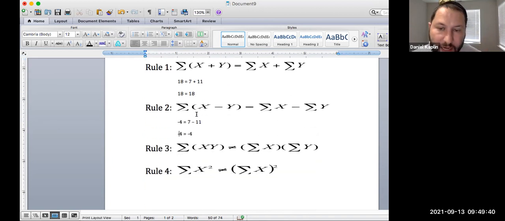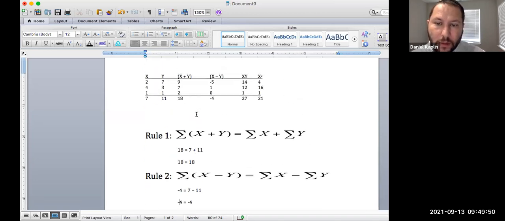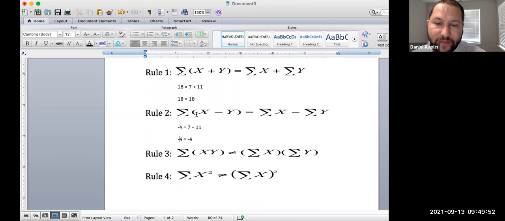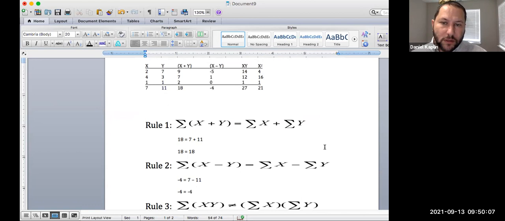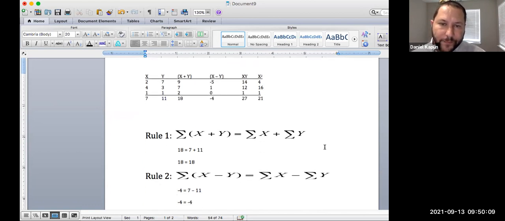Now here we have a rule that is a non-equivalent. So rule 3 says the sum of the x times y column is not equal to the sum of x times the sum of y, right? So let's start putting that together. The sum of the xy column is 27, right?